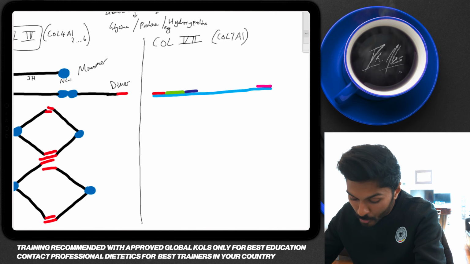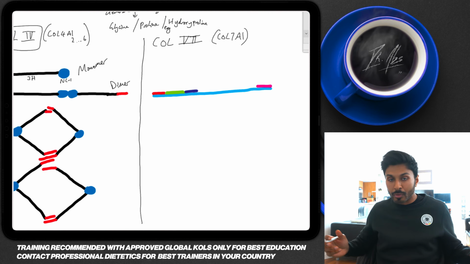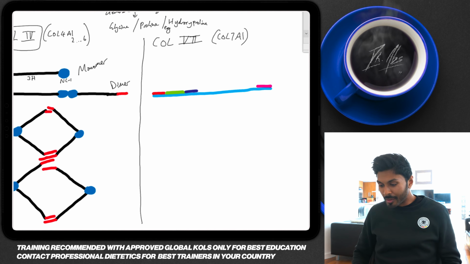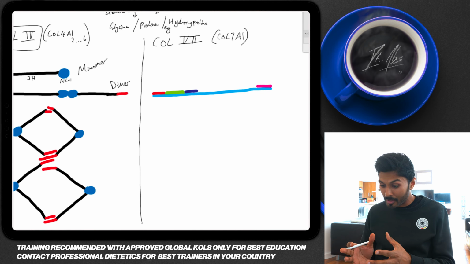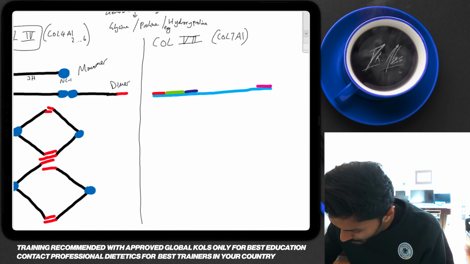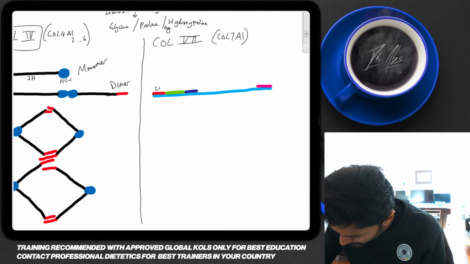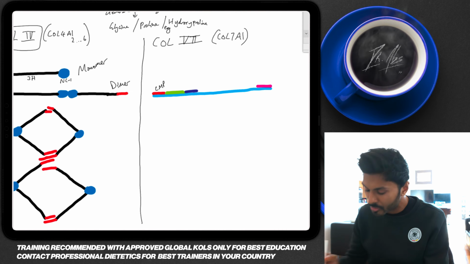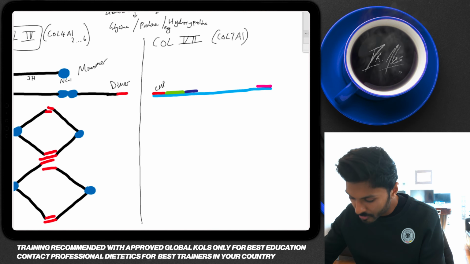In fact, even before I've labeled it, you can see how different it is. They're not designed to stick together like type 4, but they do different things. So we have here CMP, which is a cartilage matrix protein.